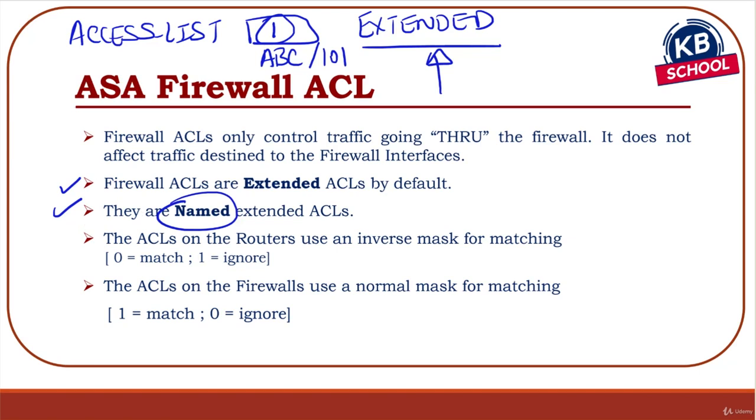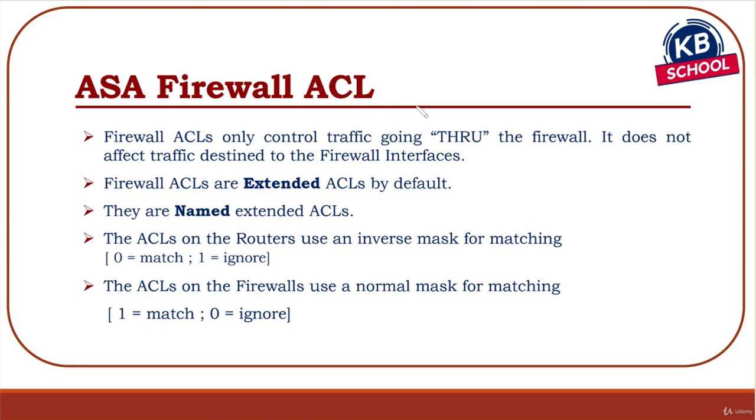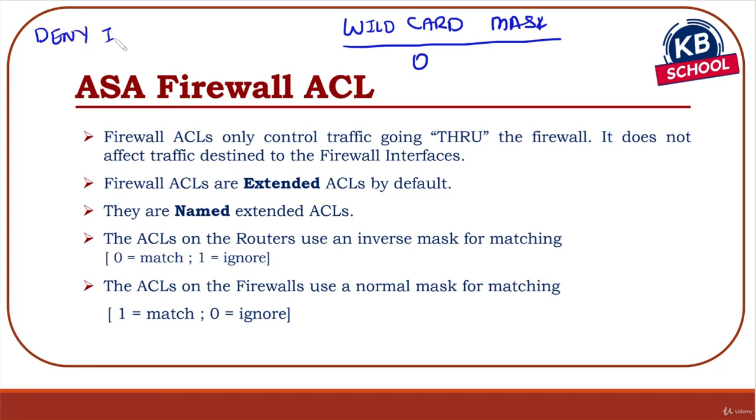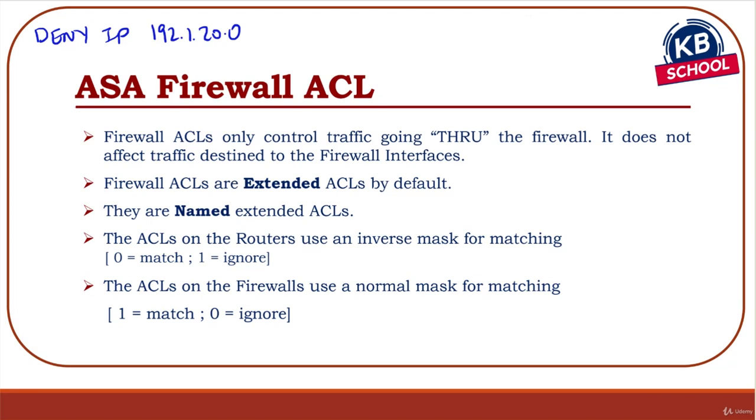The last difference, a very important difference, is that it does not use the wildcard mask. In the wildcard mask on a router, if I wanted to match a bit, it would be a 0. So for example, if I wanted to block or deny IP traffic coming in from a particular network, let's say 192.1.20.0, on a router my mask would be the inverse mask or the wildcard mask.